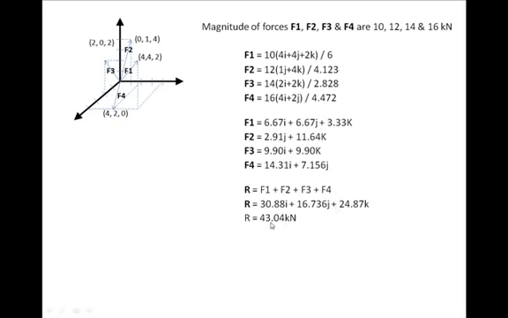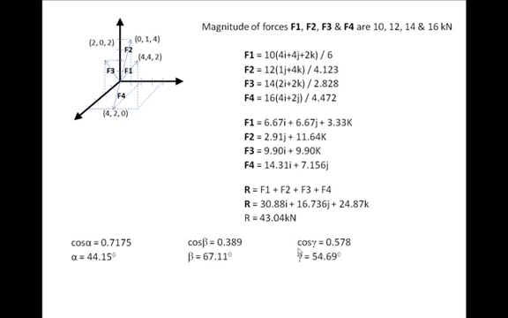And if you wanted to, you can find the magnitude of it, you know how to find the magnitude of a vector, very easy. 30.88 square plus 16.736 square plus 24.87 square, take under root and you get this magnitude, and the direction of this vector with the x-axis is cos alpha, which will be 30.88 upon 43.04, cos inverse gives alpha. Similarly, you can find beta, and similarly you can find gamma.